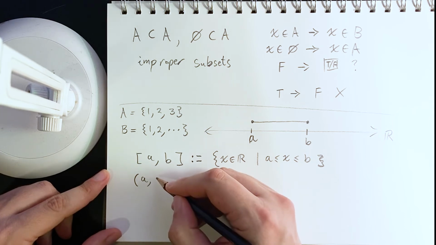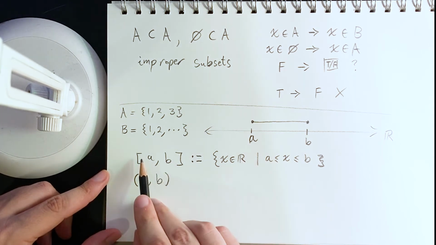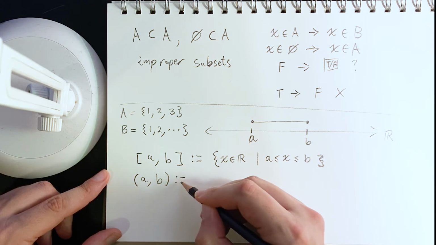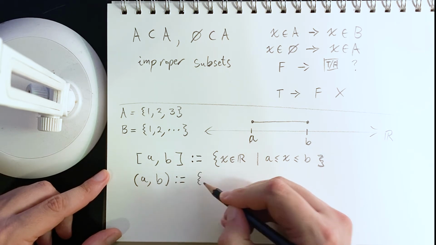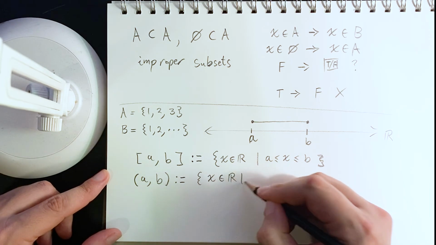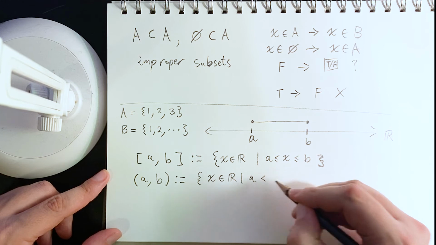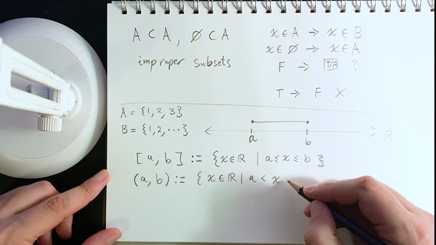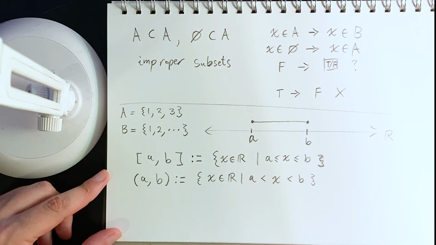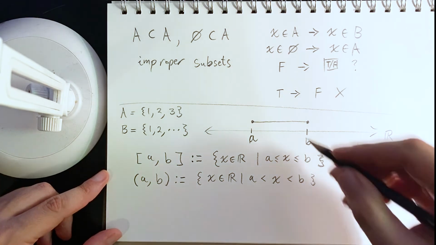On the other hand, these endpoints can have any combination we want, open or closed. This is the open interval. It's defined to be the set of real numbers with the condition that the real number is bigger than a and less than b. And like I said, we can have any combo, so we can be open on one end, closed on the other. That's fine.